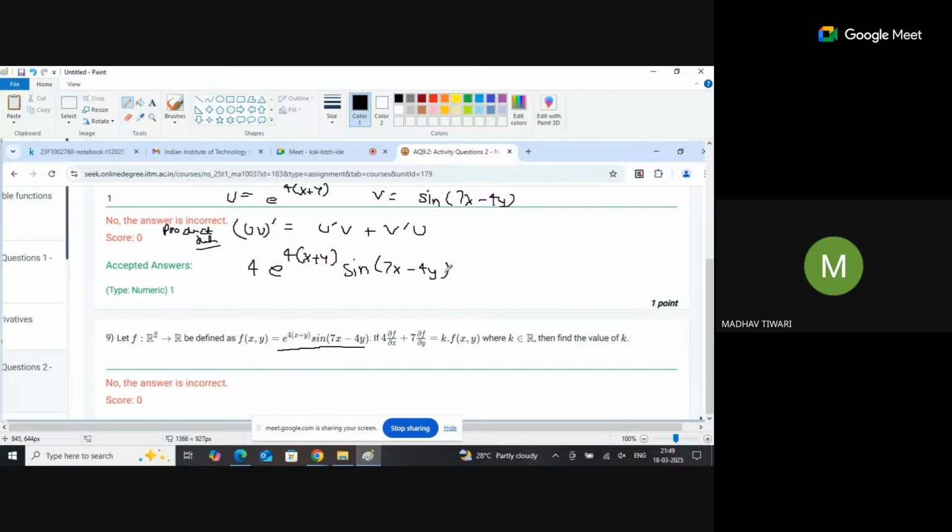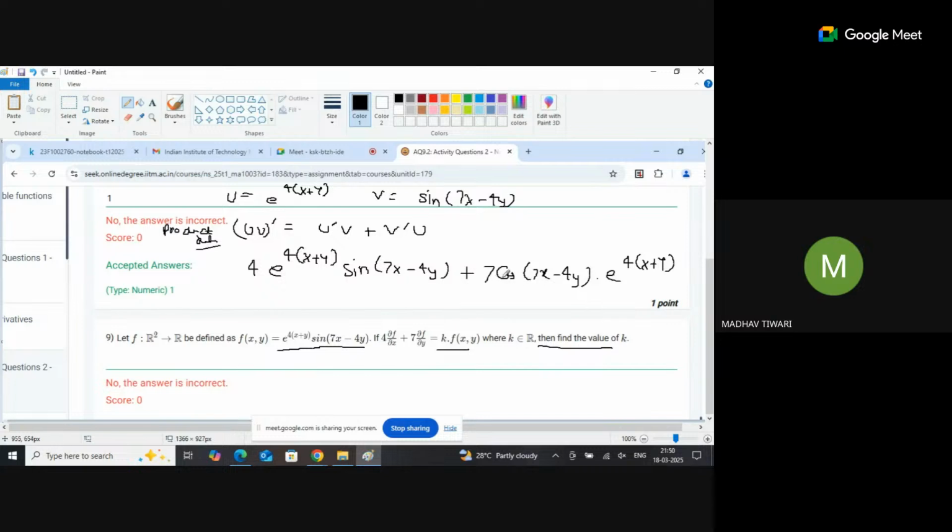After that, v dash u. So v dash will be equal to cos 7x minus 4y times 7, and multiplied by e raised to the power 4x plus y. So it is saying that it is k times f of x, find the value of k.